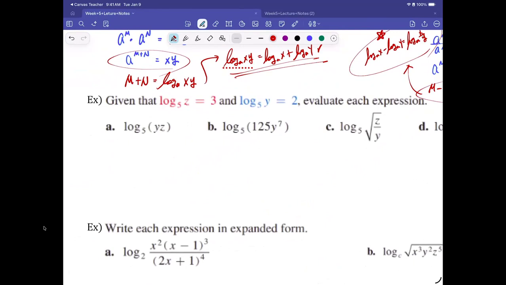So log base 5 of yz means multiplication, which is addition. Log base 5 of y is 2, and z is 3, so the answer is 5.